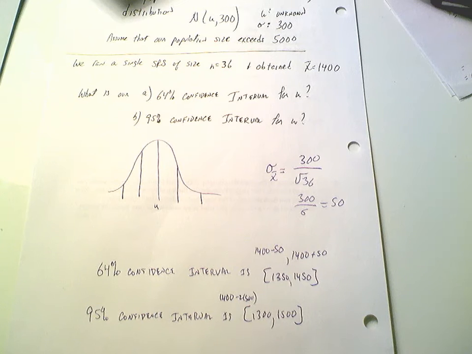I am 95% confident that the interval between 1,300 and 1,500 captures the actual population mean. So it's pretty interesting how we're able to use a lot of concepts, nothing more than one sample, and the fact that in this case we do know a standard deviation, to begin to narrow our range for what we feel confident about the population mean truly being.